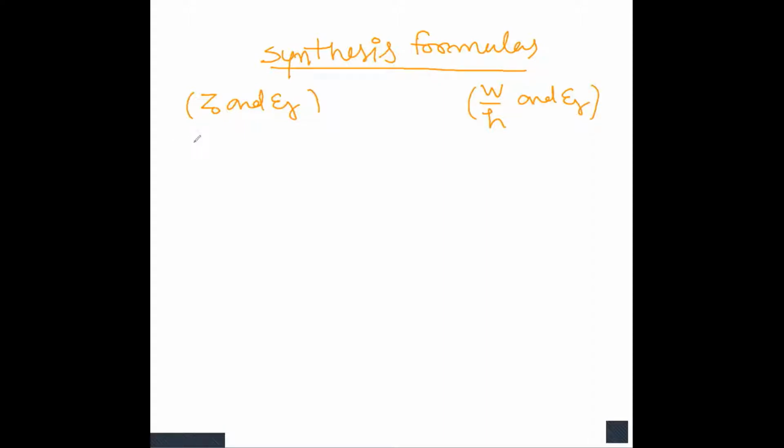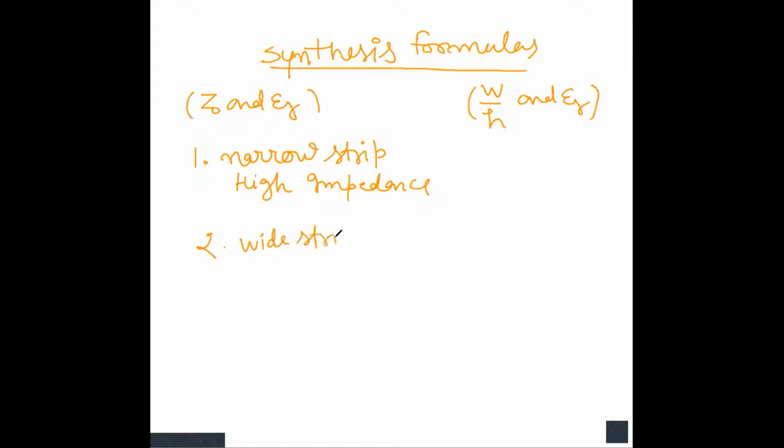When Z0 and epsilon R are given, at that time we have two conditions. In the first condition, we have a narrow strip and high impedance condition, and in the second case we have a wide strip and low impedance.